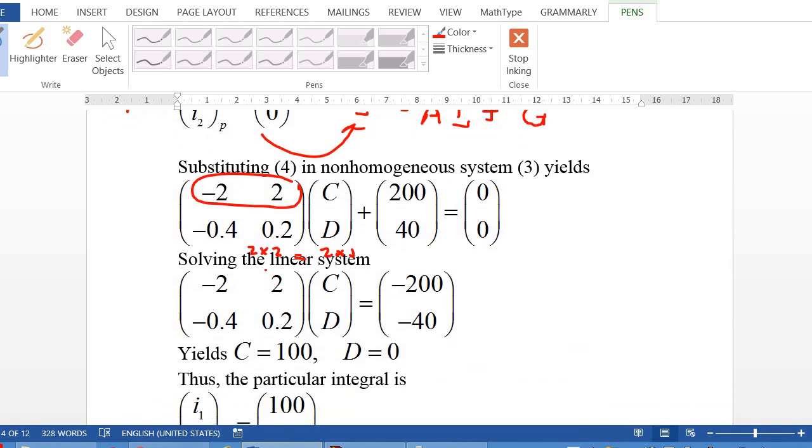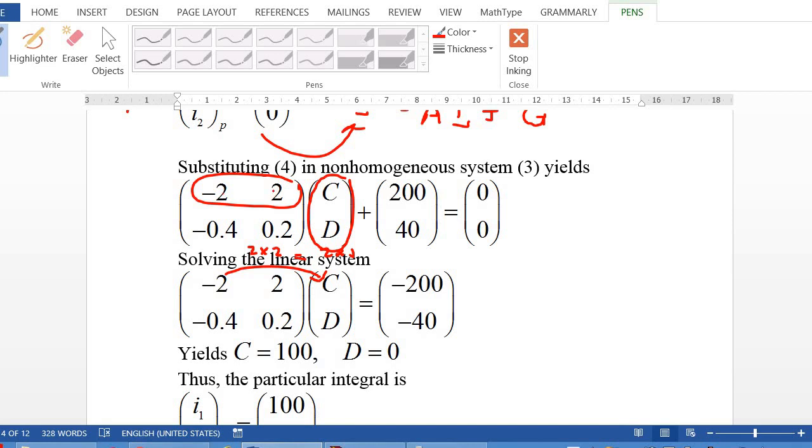And then we multiply using the matrix product, row times a column.